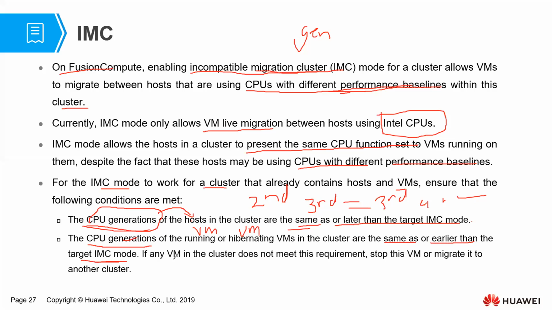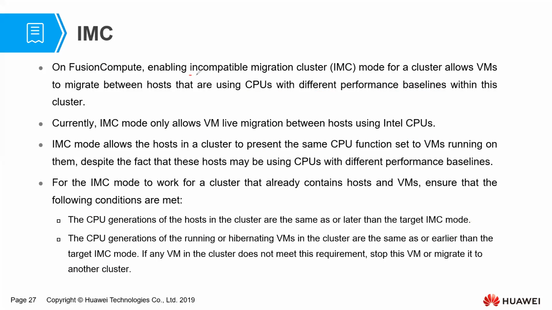That's the difference. So if any virtual machine in a cluster does not meet the requirement, we can either stop it or migrate it to another cluster, because it will not work under this IMC mode. So basically what we're taking from this is that the IMC mode, the incompatible migration cluster, helps our virtual machines migrate from one cluster or host to another, even though they have different CPU performances, speeds and baselines.